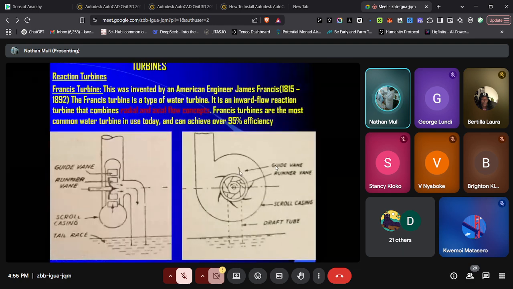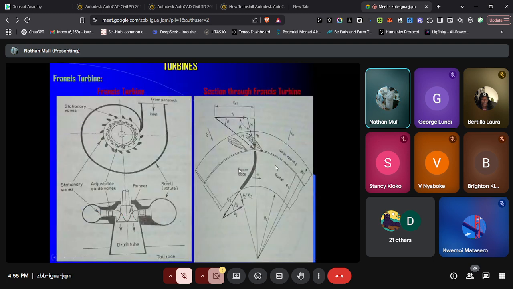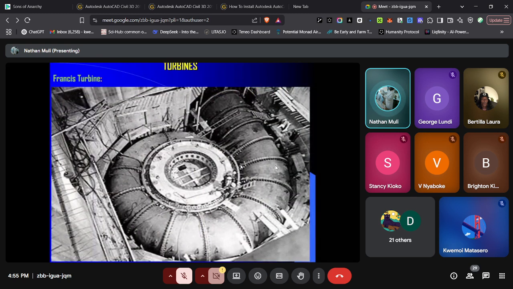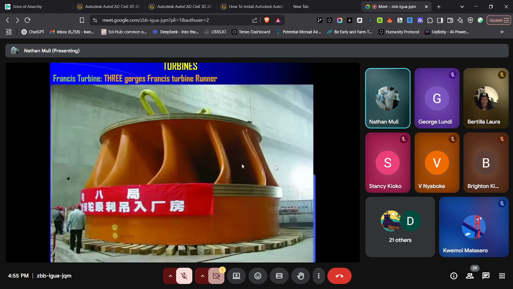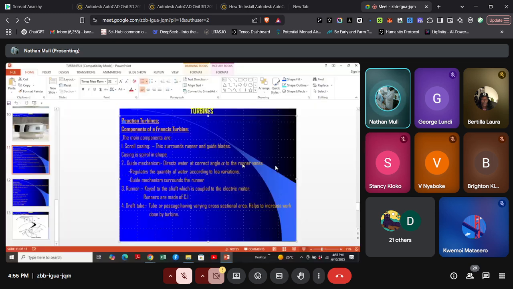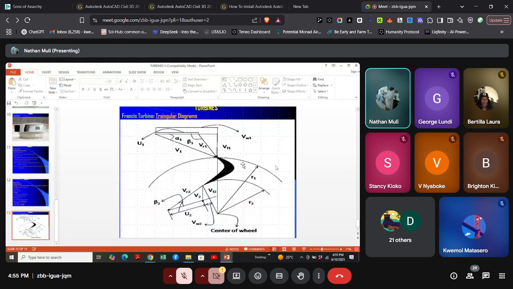All this for the Francis turbine. Don't be scared of the main diagrams. We shall have a look at this and see how we can go about its design. And then last but not the least, we shall look at the Kaplan turbine.